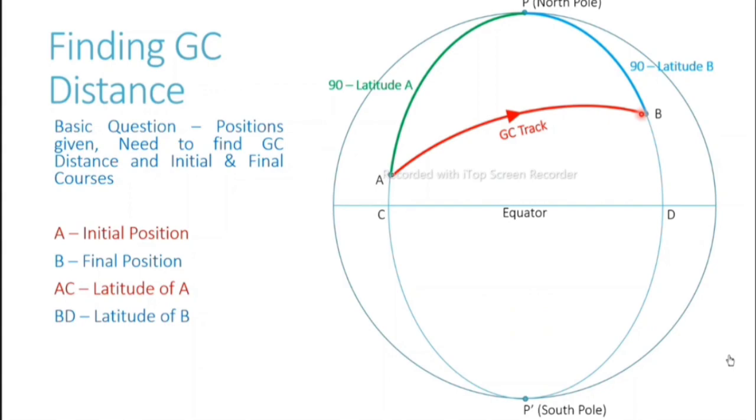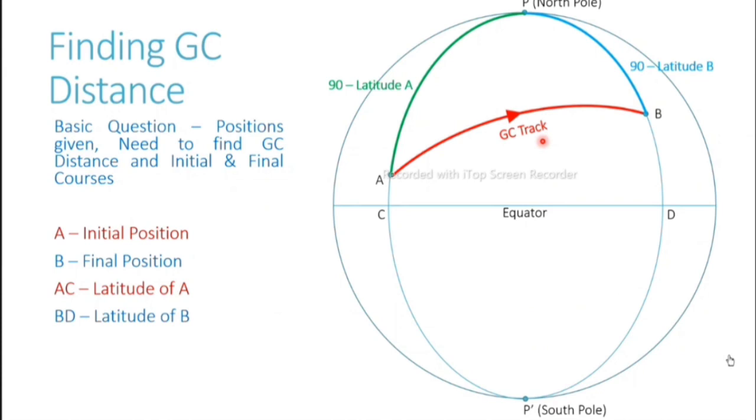And the third side of this triangle, the red color side, that is Alpha Bravo, A to B, is of course the arc of a great circle track. That is what we need to find out. So we have a triangle, Papa Alpha Bravo, PAB triangle, formed on the surface of a sphere, which is the earth, all three sides of which are arcs of great circles. So this tells us that this Papa Alpha Bravo triangle is a spherical triangle.